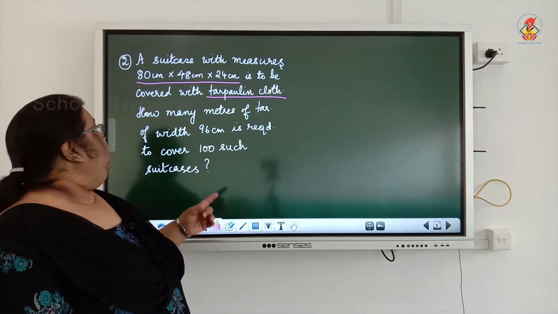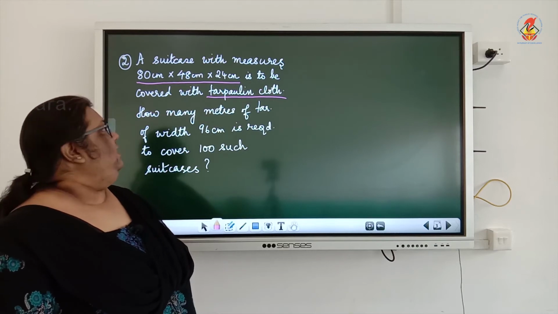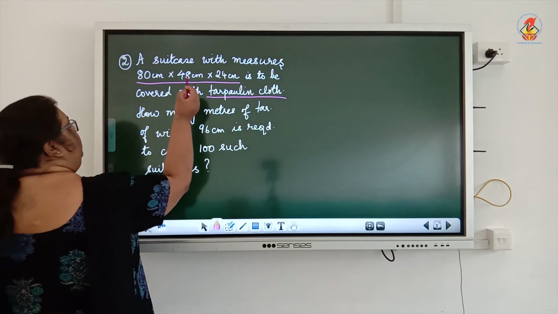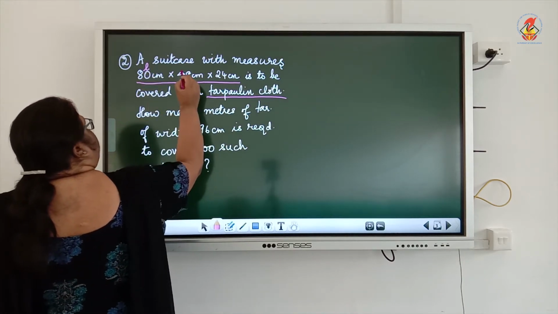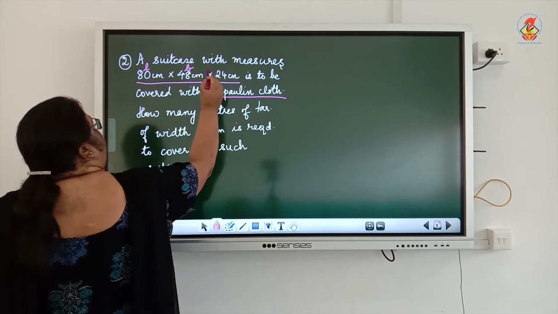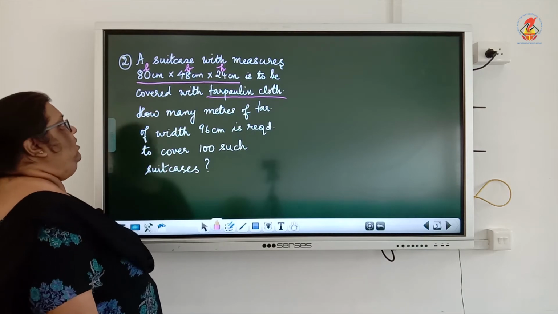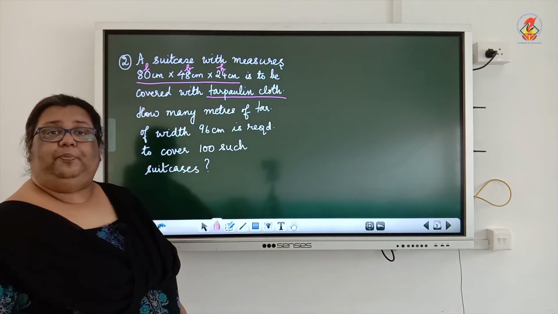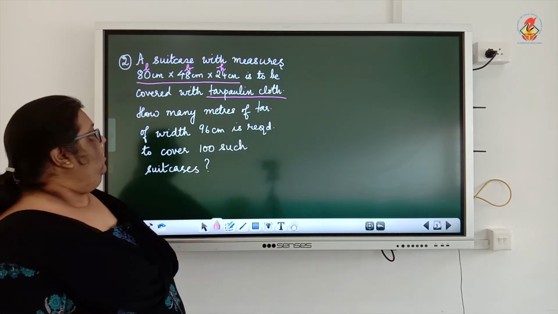The measurements are given here, 80 centimeter by 48 centimeter by 24 centimeter. If a number is written in this way, then length will be 80, breadth will be 48 and height will be 24 centimeter. Now this suitcase has to be covered with a tarpaulin cloth. Tarpaulin cloth is of rectangular sheet.